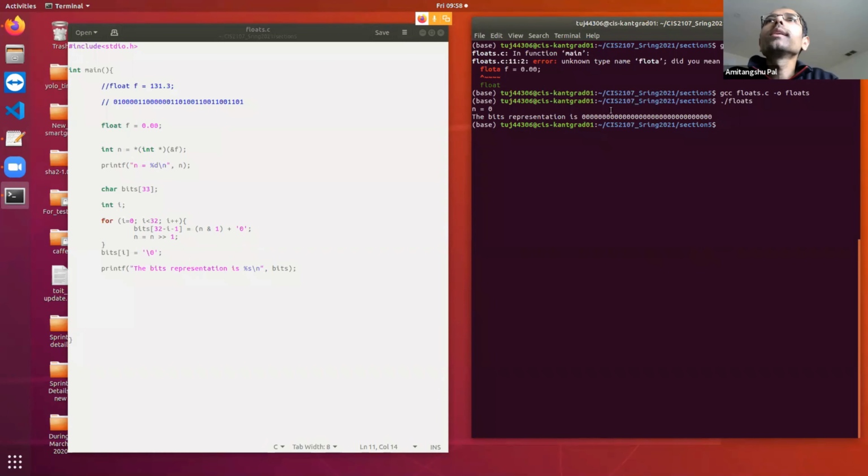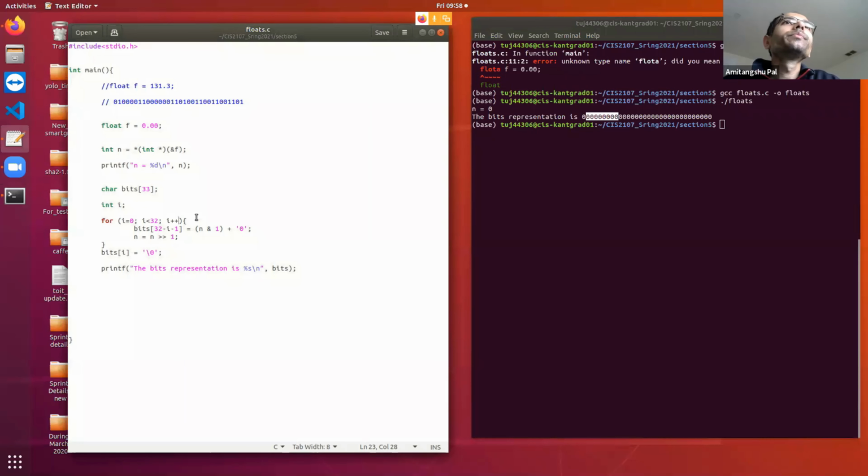You can see that the corresponding bit representation is all zeros. So the sign bit is 0, the exponent bits are zeros, and all the mantissa bits are 0. All zeros means it represents the number 0. Clear?